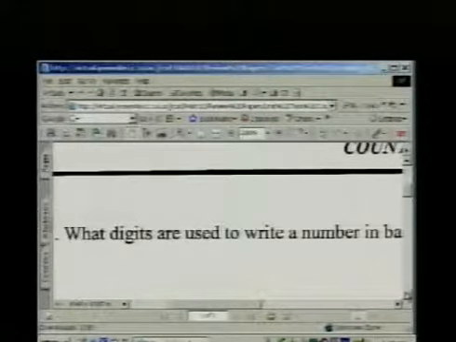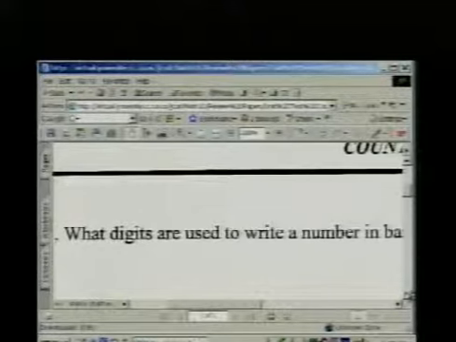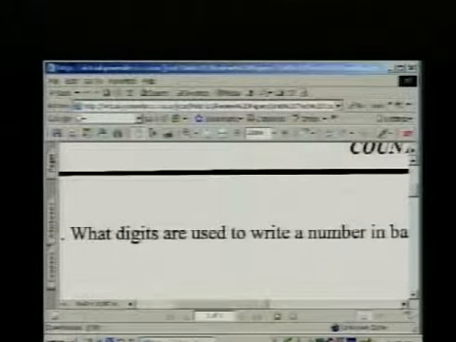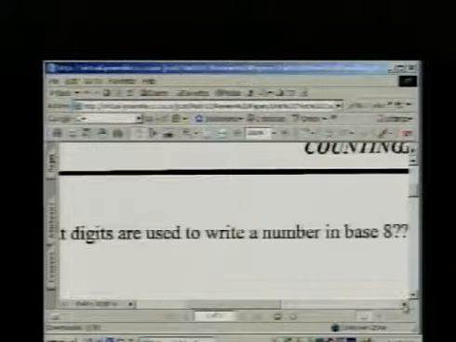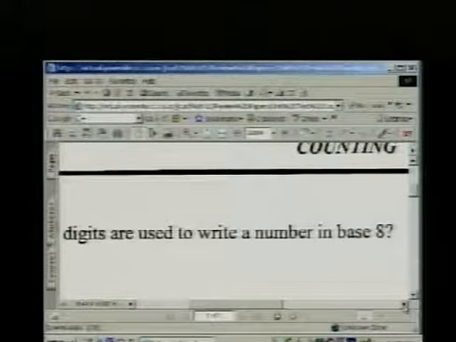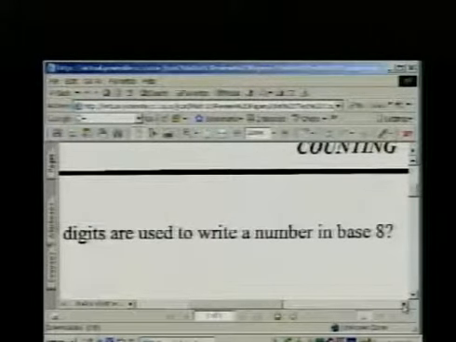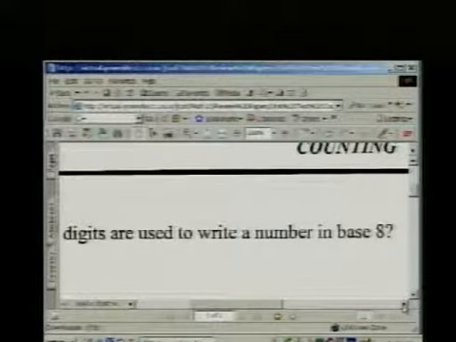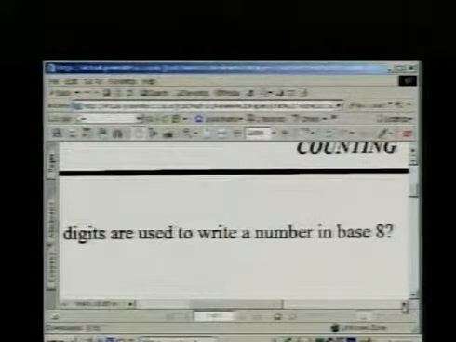The question is, what digits are we going to use to write a number in base 8? So I think you can probably do that one in your head. Think about it for just a moment. What digits would you use to write a number in base 8?